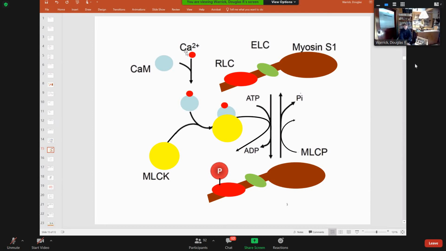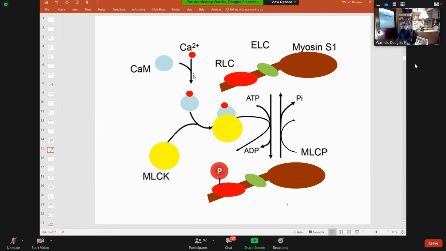When calcium enters the cytoplasm, it will bind to calmodulin. Calmodulin, this calcium buffer, can mop up extra calcium ions. As it turns out, when it does that, it also tends to change the activity of this protein, myosin light chain kinase. Myosin light chain kinase then gets turned on by binding to calmodulin with its calcium.